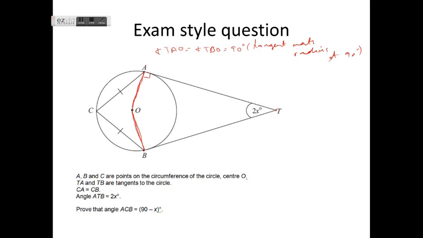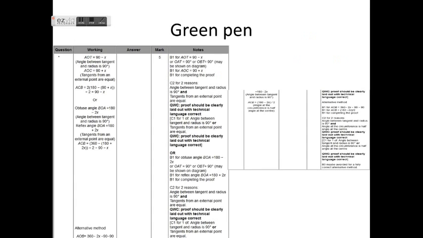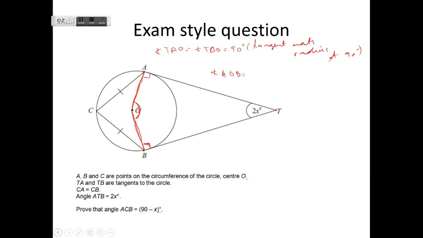And in brackets, we have to say that tangent meets radius at 90 degrees, or to form a right angle, whatever you want to call it. So we've got that 90-degree angle there, and another 90-degree angle here. So now we can work out angle AOB in terms of x, in algebra.